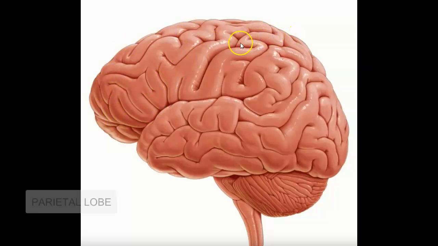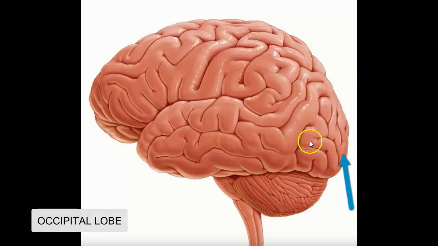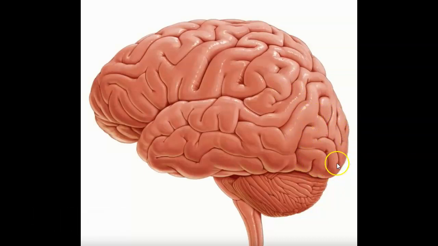The parietal lobe is mainly dealing with spatial reasoning and tactile sensory processing. The occipital lobe consists of vision processing, and the temporal lobe is dealing with language, hearing, and memory.